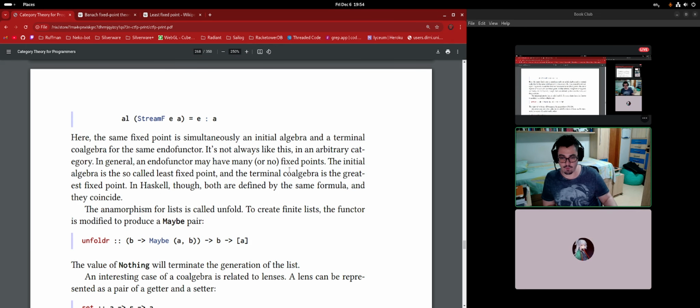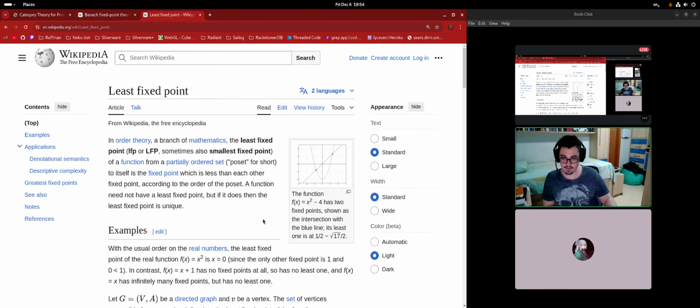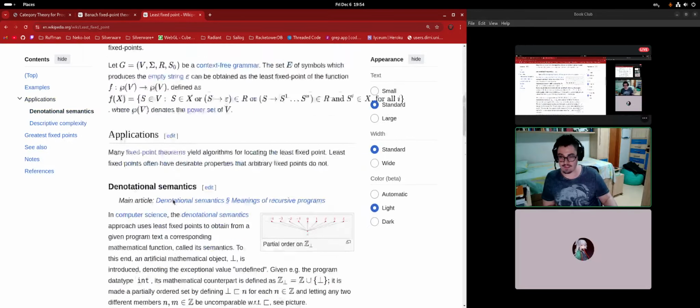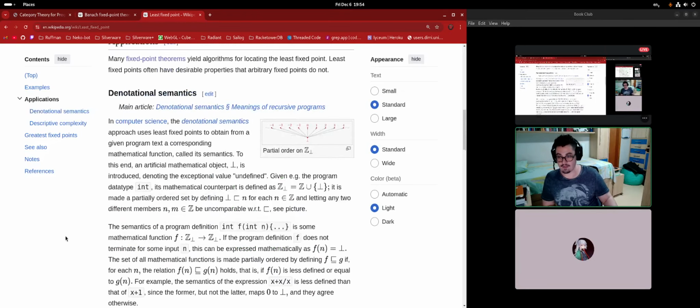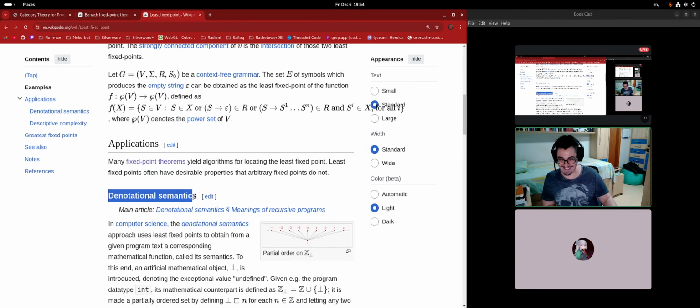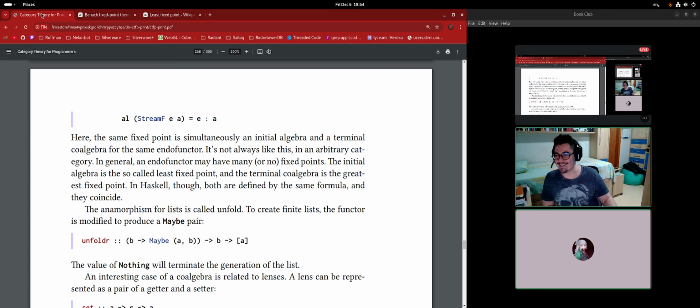And we also have the greatest one in the algebra. These things are everywhere, and they are very cool. There is a section about denotational semantics in the fixed point article. In Haskell, they both are defined by the same formula and they coincide.